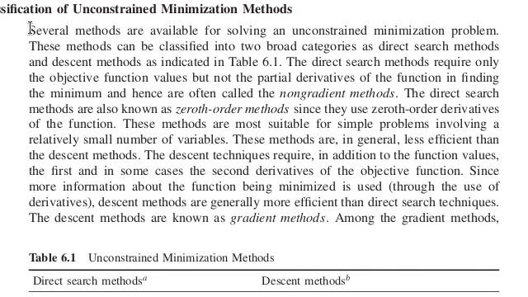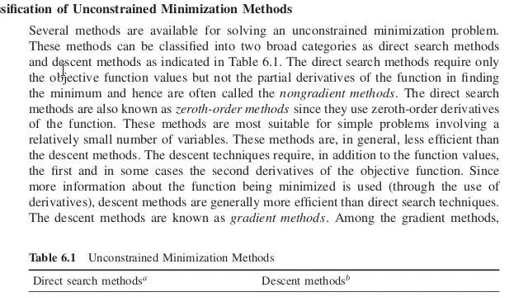Here it is saying that several methods are available for solving these optimization problems. These methods can be classified into 2 broad categories: direct search methods and descent methods. Descent means gradient based, that is, in which we take the derivative. Okay, so don't get confused by that.